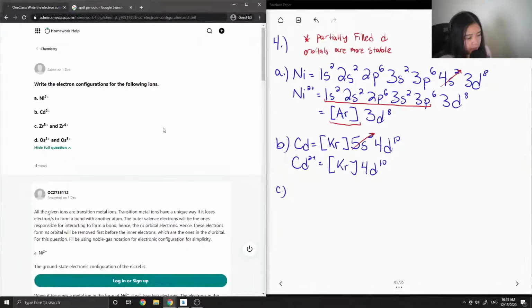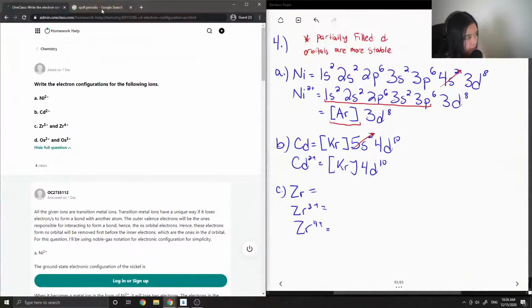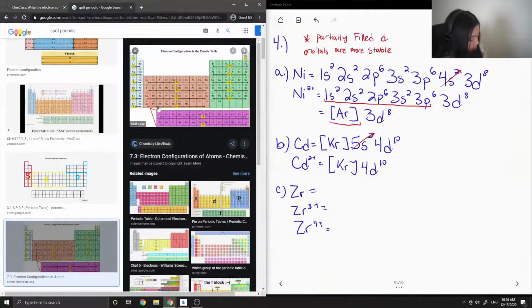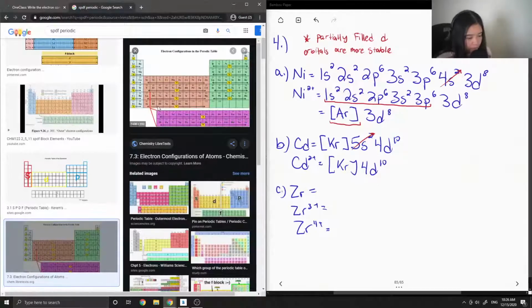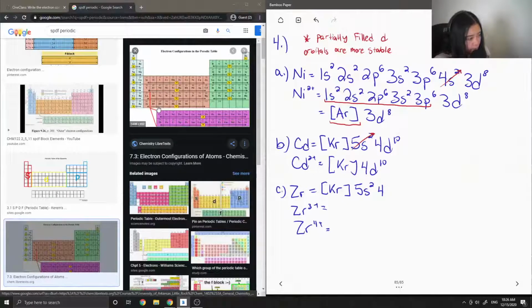Okay, so for C, we have zirconium 3+ and zirconium 4+. So the neutral electron configuration of a zirconium atom is krypton and then 5s2. So zirconium is right here. 5s2, 4d2.